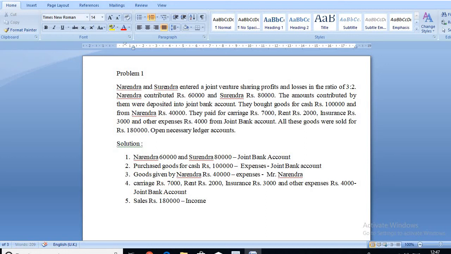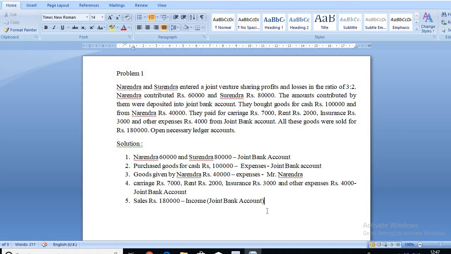Who will receive this income? Joint bank account. Because there is no information whether this sales amount is received by Narendra or Surendra, in such a case, it should be understood that this money will be received by joint bank account.